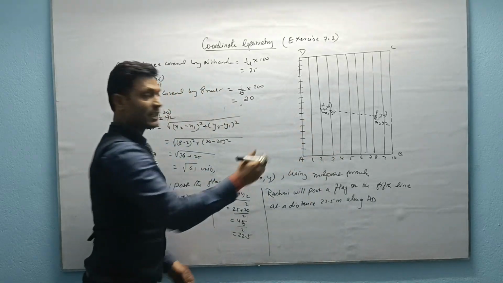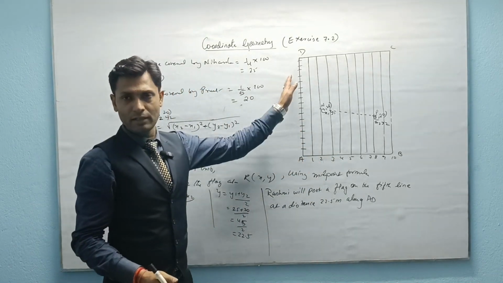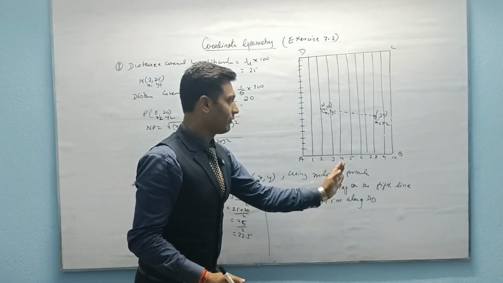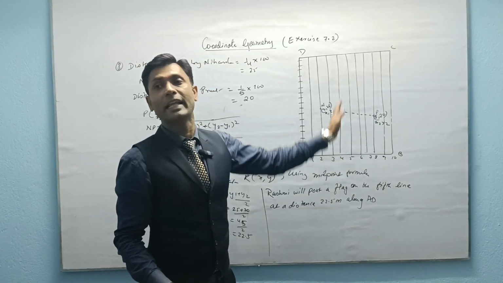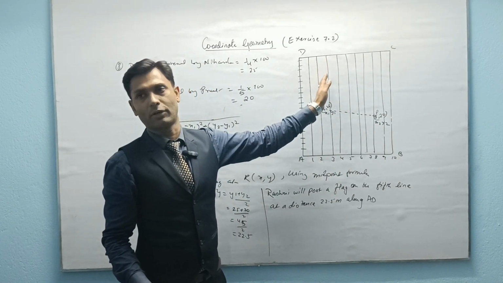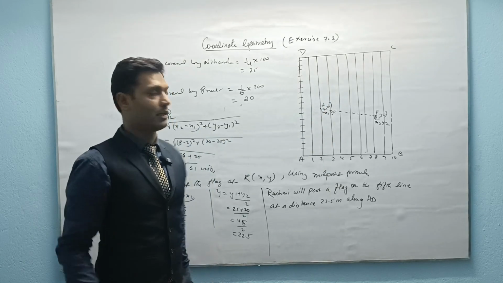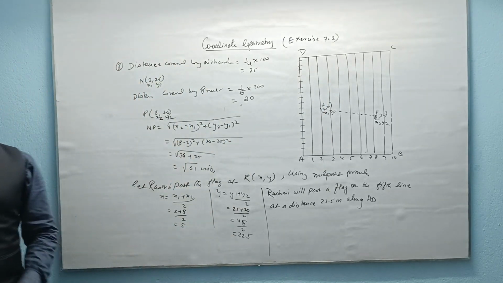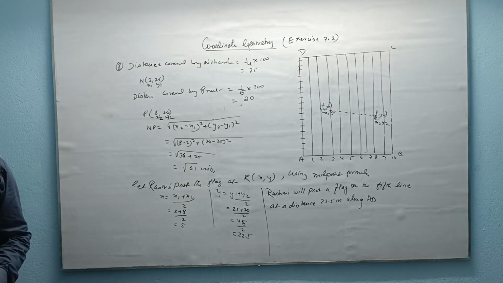Now, when I say along AD, it does not mean on this line. When I say along AD, it means we are moving across the length of the rectangular plot. Is it clear? We are crossing the length of the rectangular plot. Fine.